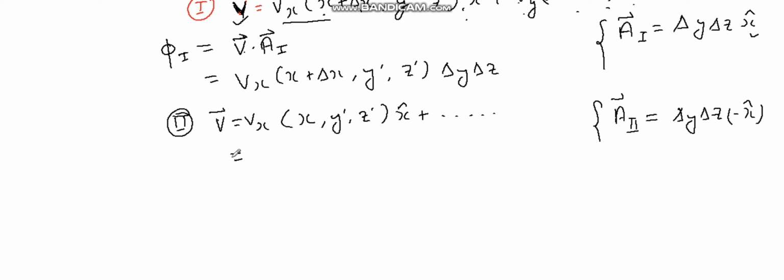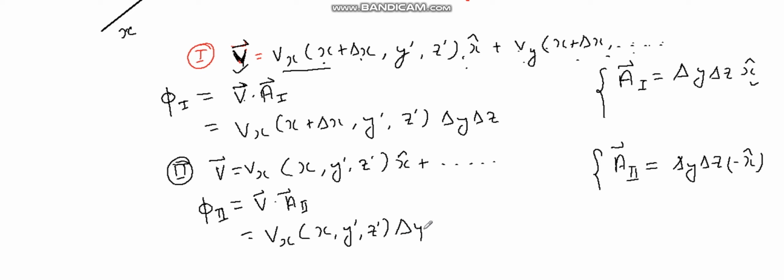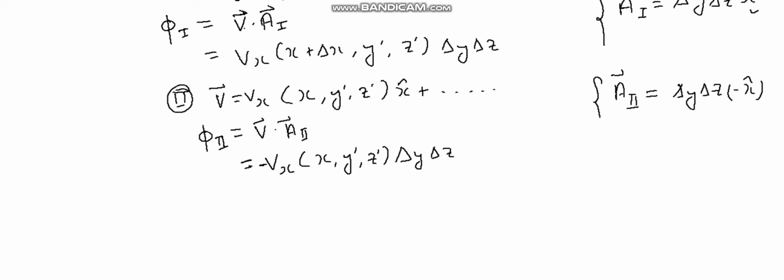So phi 2 is actually v dot a of the second, which is equal to v of x, y prime z prime times delta y delta z minus x cap. Of course x dot x is obviously 1, but we have the minus sign over there, so we are going to have minus of that quantity, right?